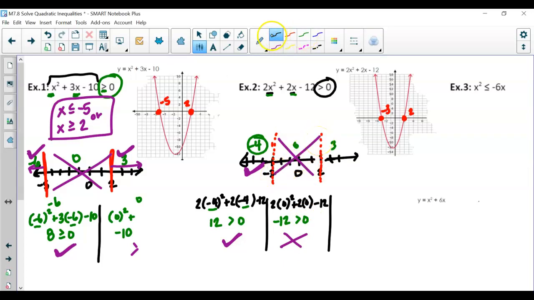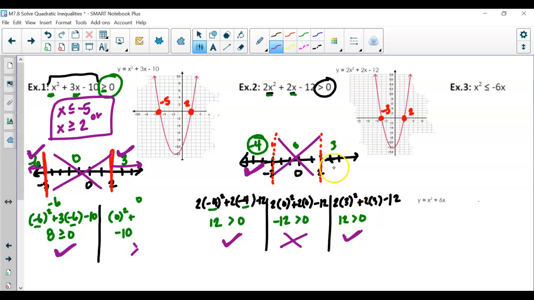So now let's check 3. So 2 times 3 squared plus 2 times 3 minus 12. So when you simplify, you should get 12. Is 12 greater than 0?